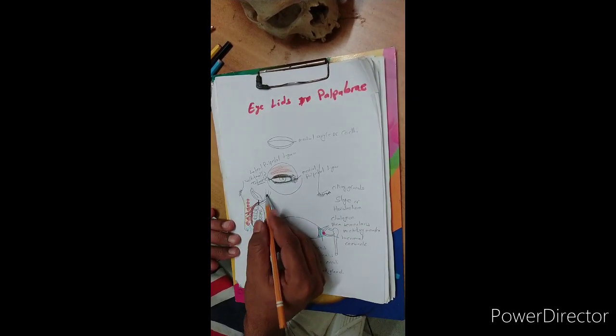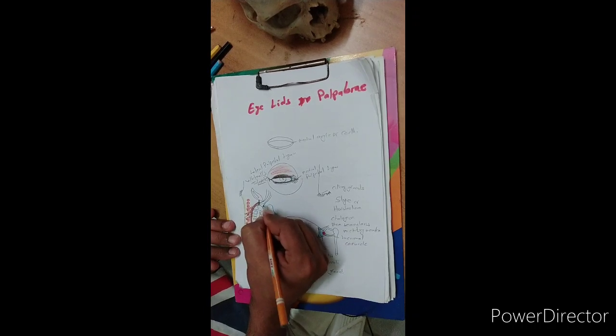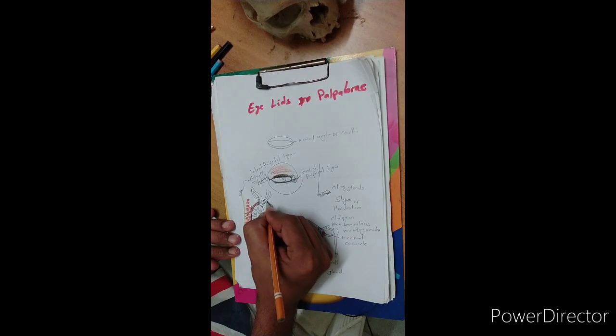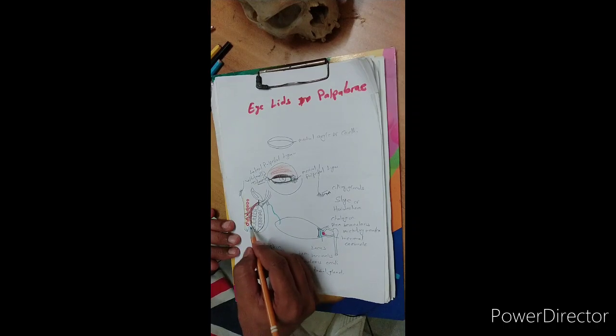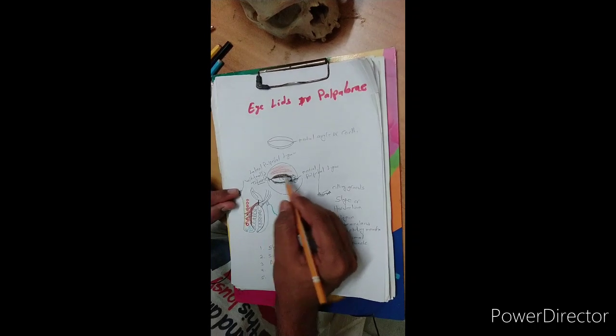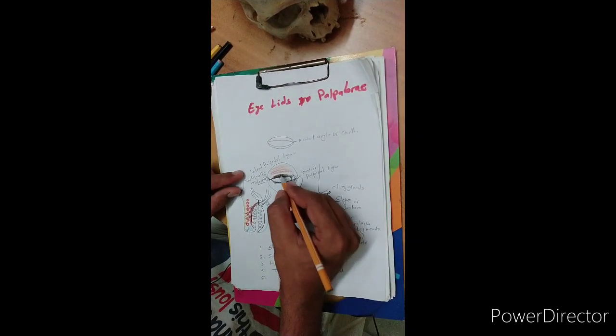A few fibers also attach to the apex of the tarsal plate and also to the upper fornix. Clear? Now this tarsal plate on the periphery continues with the orbital septum.